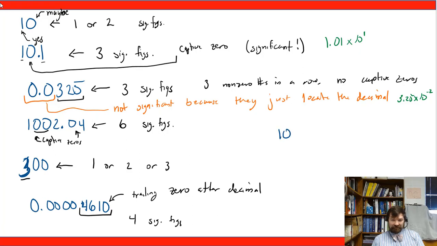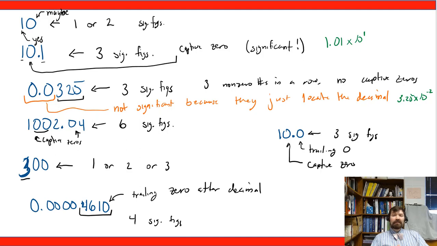If I write 10.0 rather than 10, this one right here actually has 3 sig figs. This is a trailing 0. This one, since this is significant and this is significant, this one becomes a captive 0. Okay. So that is basically significant figures for you.